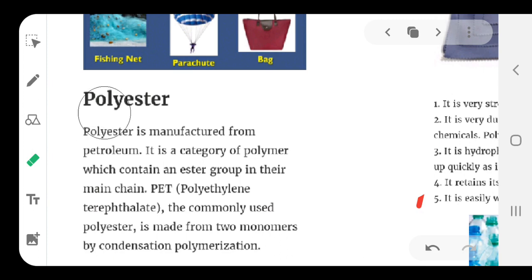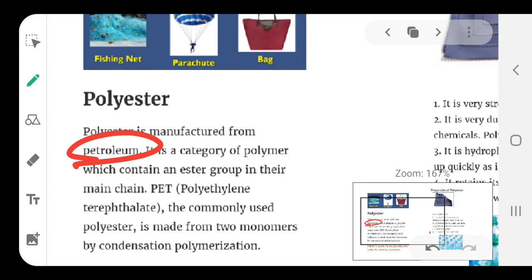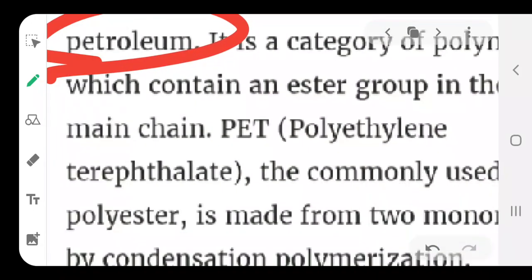They have a long chain of ester group, so we call it polyester. It is obtained again from petroleum, and it is a category of polymer which contains the ester. In your book you have some names that you should know and practice.